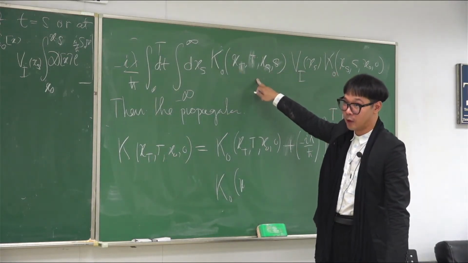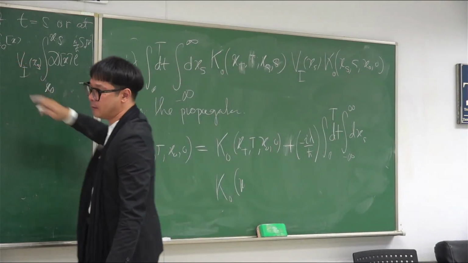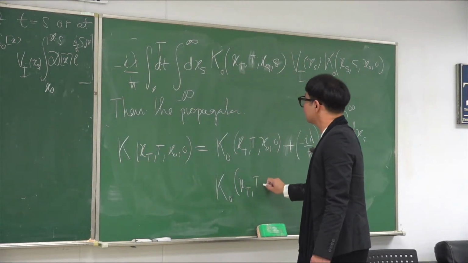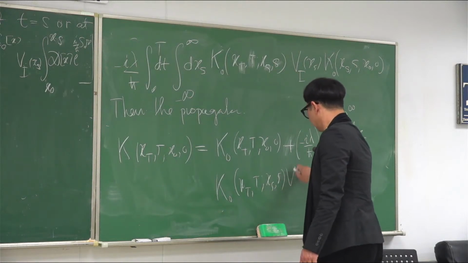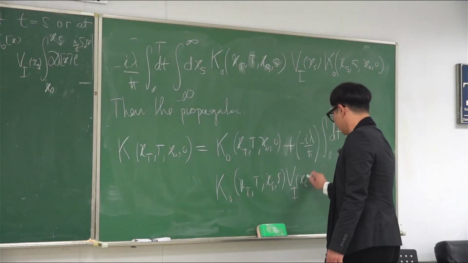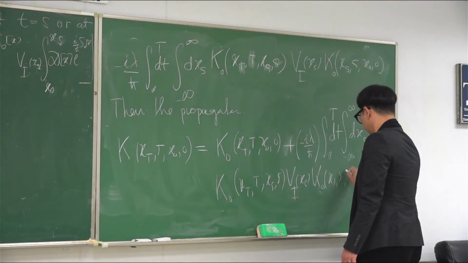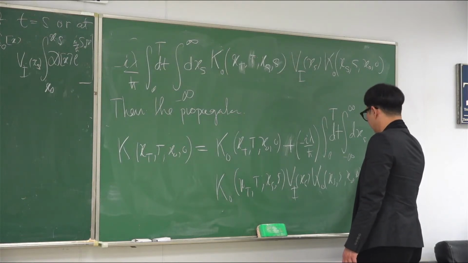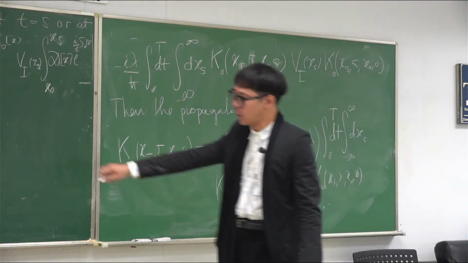See, this should be K of, because it's not. Right. Okay. And which is this one.